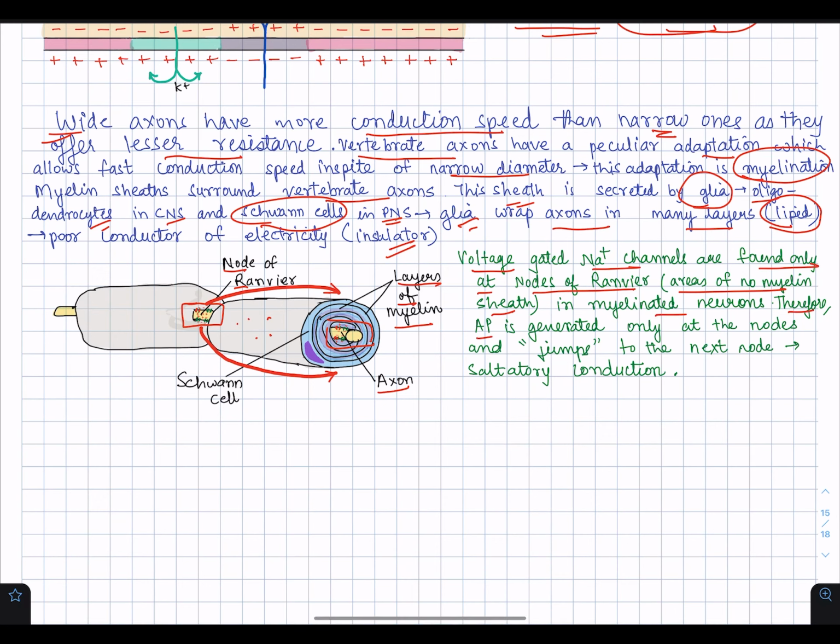Therefore, action potential is generated only at the nodes, because this part is insulated. So, from one node to another node, the action potential will actually jump. And this jumping allows a really fast conduction, and this is known as saltatory conduction.